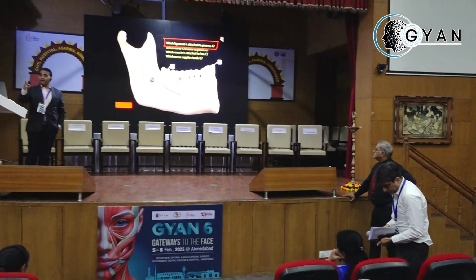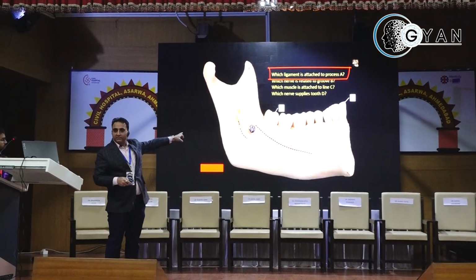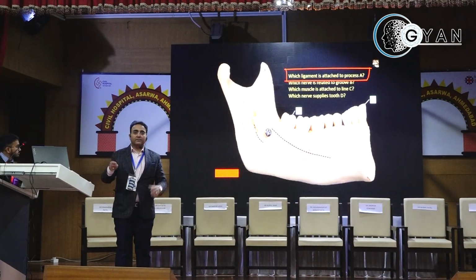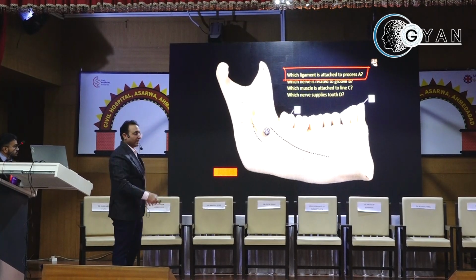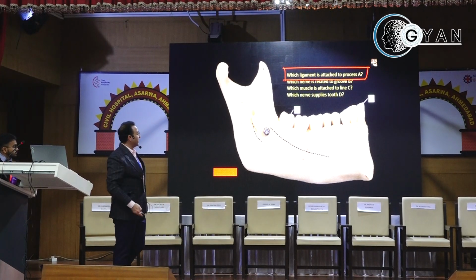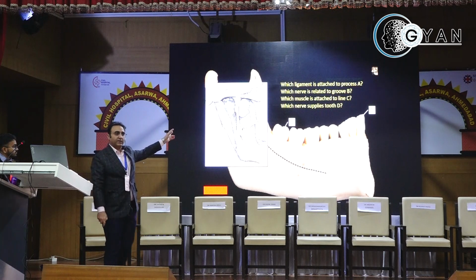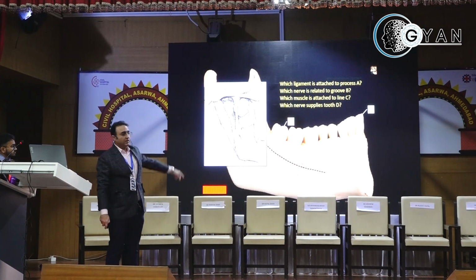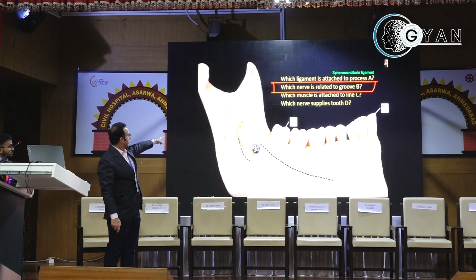Right, thank you, sir. So again, rapid fire. A, B and C. Which ligament is attached to A? No, don't prompt, just raise your hands. Okay. Yeah, sphenomandibular. So the sphenomandibular ligament from the spinous process of the sphenoid bone comes over to the lingula. Which nerve is related to groove B? This one.